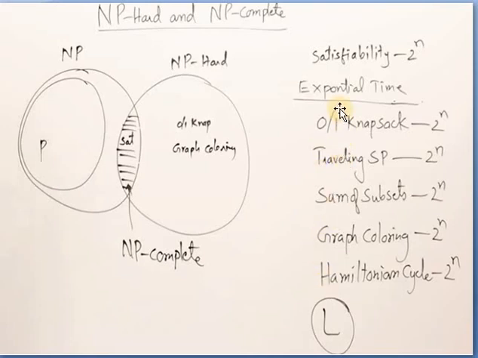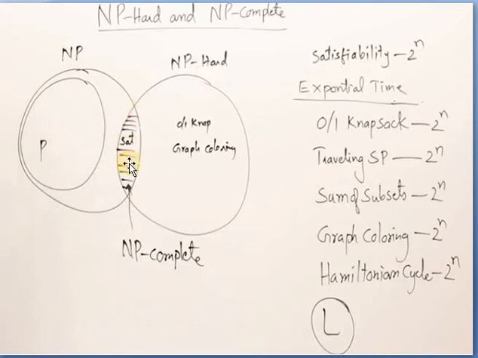So all these problems are also NP hard. So the satisfiability problem is NP hard, the 0/1 knapsack problem is NP hard, graph coloring is NP hard, sum of subset is also NP hard. Along with that, satisfiability has a non-deterministic polynomial time algorithm. So it is also in the category of NP complete.